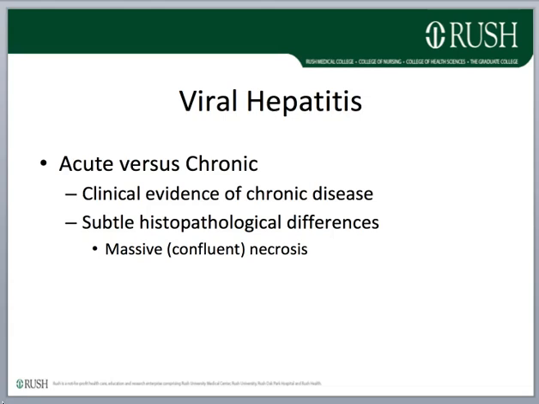Massive or confluent necrosis is not so subtle. It's pretty obvious. Most of the liver is dying, and that is a feature of acute hepatitis and acute liver failure, which we just talked about in the John Jackson case.